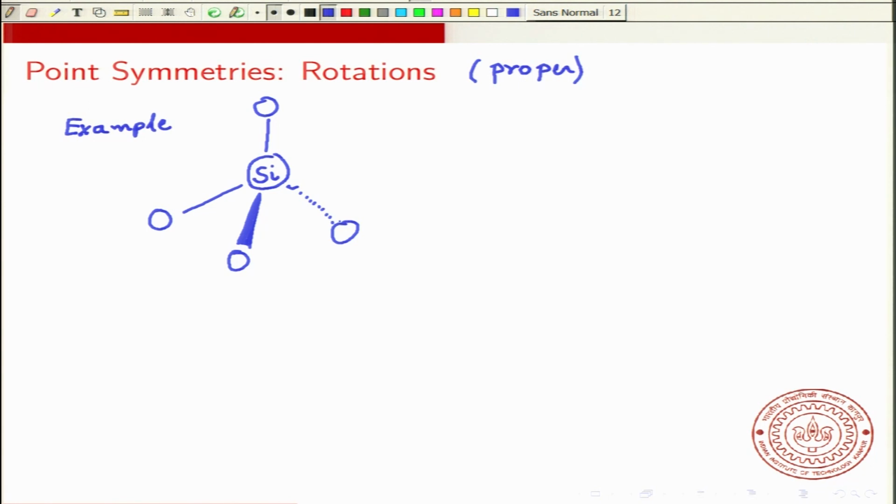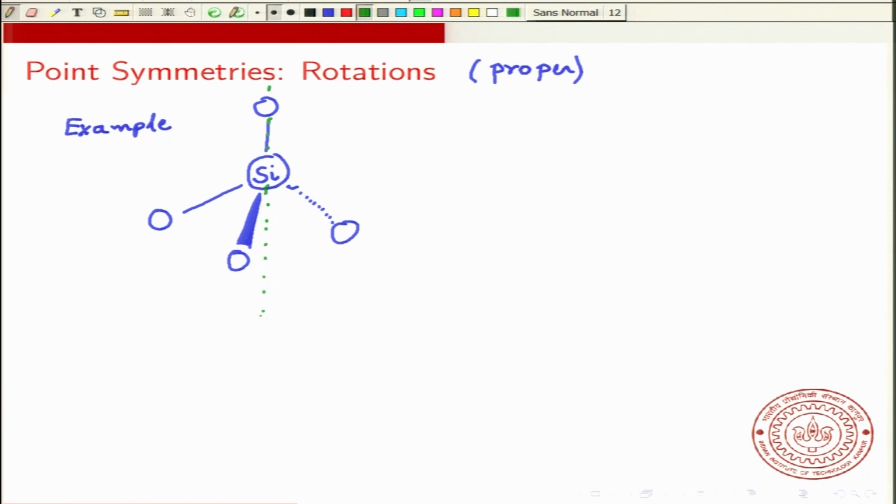Now imagine taking an axis that passes through the silicon and one of the oxygen atoms. For example, I imagine taking an axis that passes through this silicon and this oxygen, so it goes through this silicon-oxygen bond and extends all the way through.